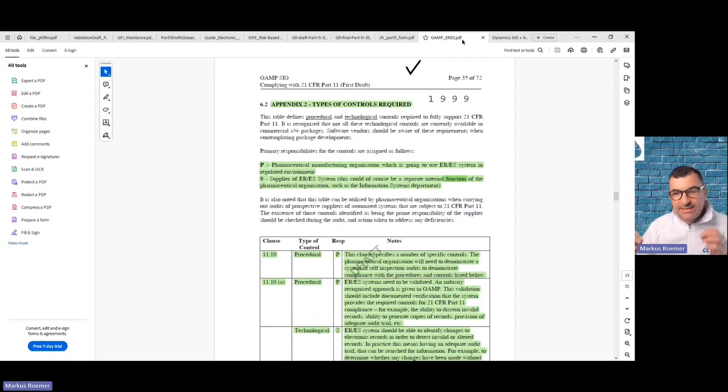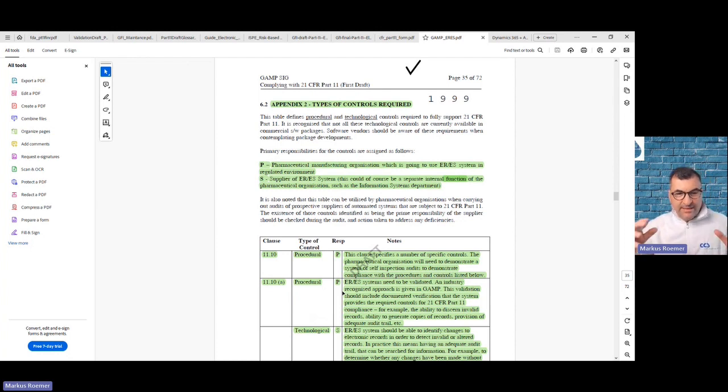that we were analyzing Part 11, each and every clause, and we put in what is the type of control. We were talking about procedural controls, for example, if a developer must be trained on GMP or something like this, and what must be provided on a technology basis. For example, the function of an audit trail or something like this.